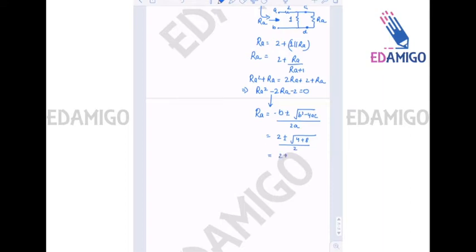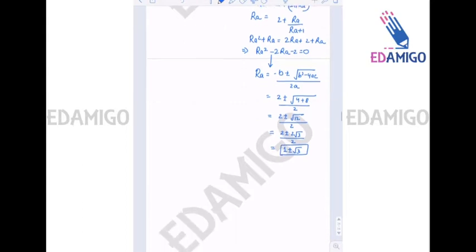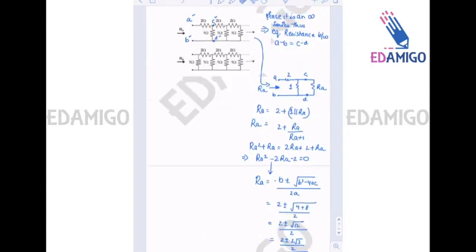That is 2 plus minus under root 12 divided by 2, that is 2 plus minus 2 root 3 divided by 2, that is 1 plus minus root 3. One solution is positive, one is negative, so I will take RA equal to root 3 plus 1. Okay, this is how I get the solution.